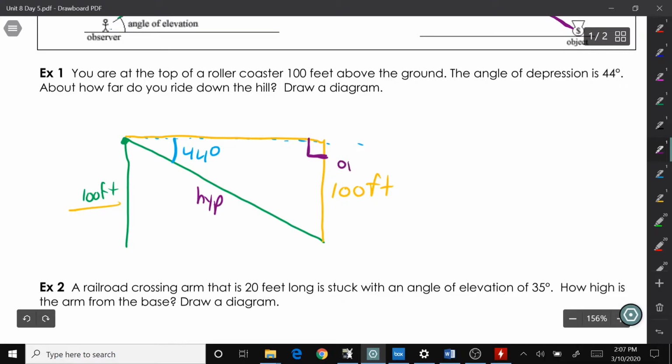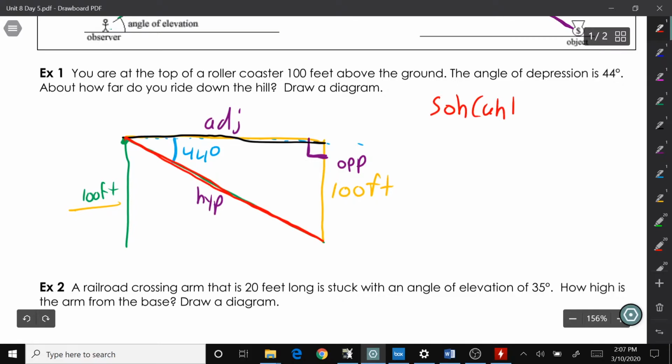Hypotenuse. This is the opposite side, which makes this the adjacent. The question says about how far do you ride down the hill? So you really have to read and see if you are trying to find this horizontal side or this hypotenuse. And since we're riding on a roller coaster, we're trying to find this red line right here.